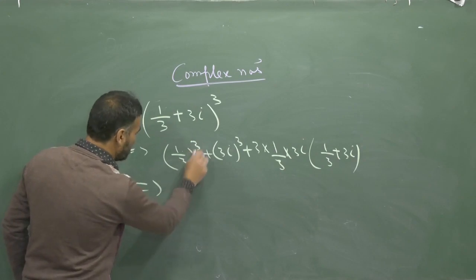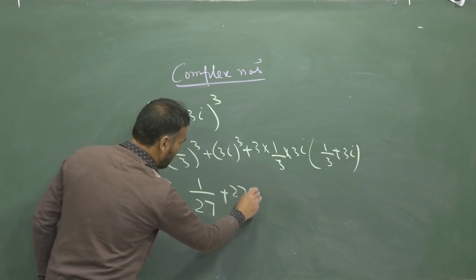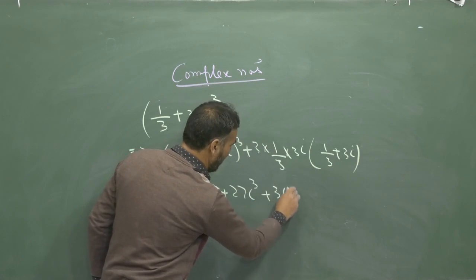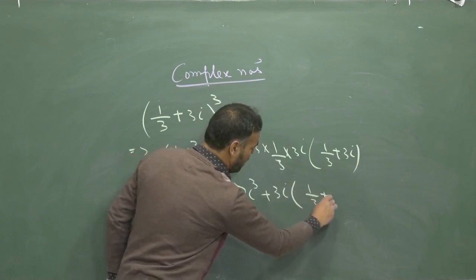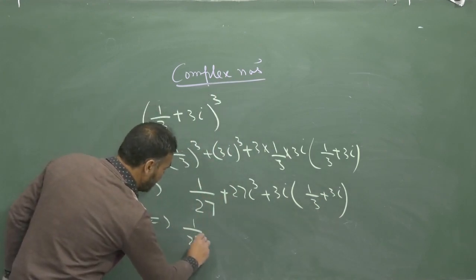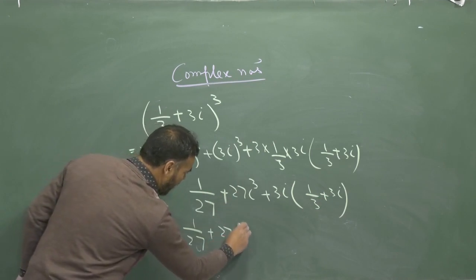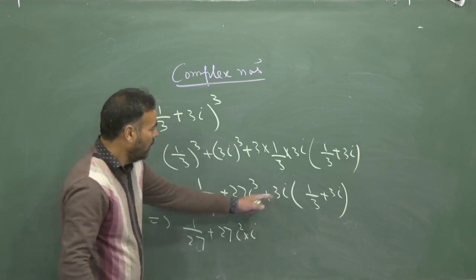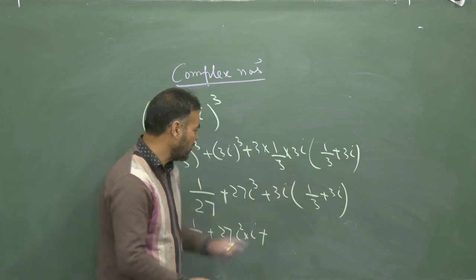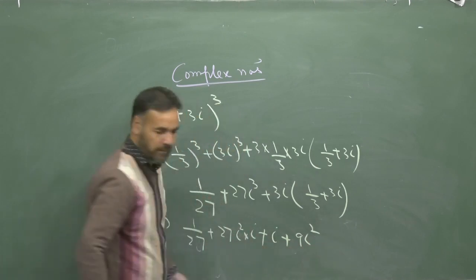Can we say it is 1 cube over 3 cube, that is 27, plus 3 cube is 27 iota cube, plus 3 and 3 will get cancelled, so it is 3 iota into (1 by 3 plus 3 iota). It is 1 divided by 27 plus 27 iota cube, that is 27 iota square into iota, plus 3 iota into 1 by 3, 3 and 3 get cancelled, so it is iota, plus 3 3s are 9 iota square.